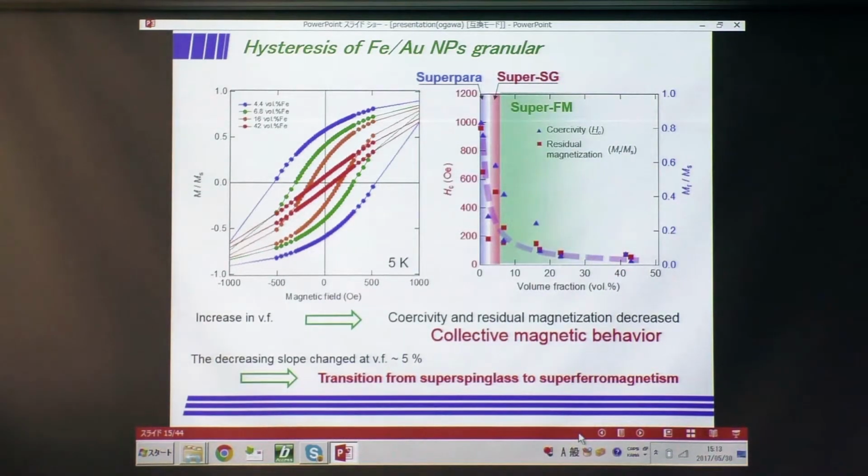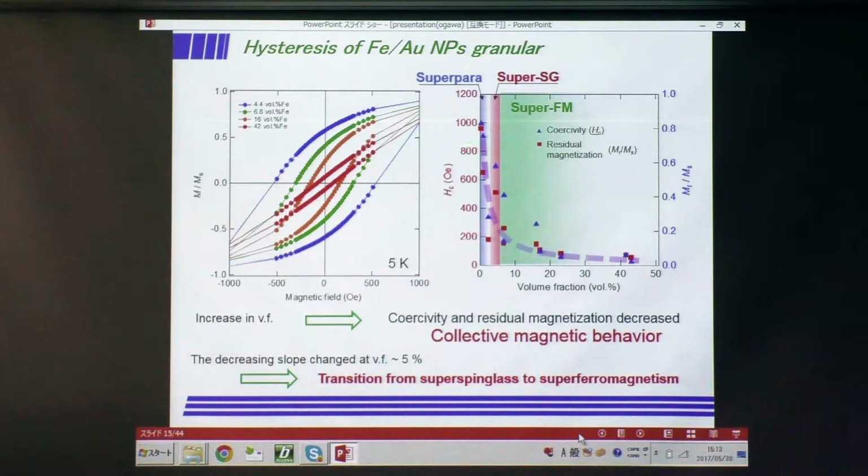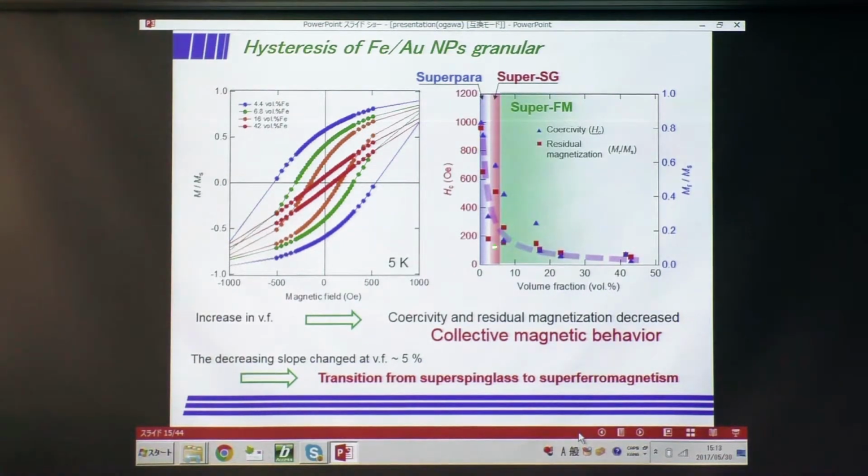And this is the hysteresis loop of the granular structure with different volume fractions, 4, 6, 16, and 42%. The right side shows the volume fraction dependence of coercivity and residual magnetization. From this result, we can see a drastic decrease of the coercivity and the residual magnetization with increasing volume fraction.